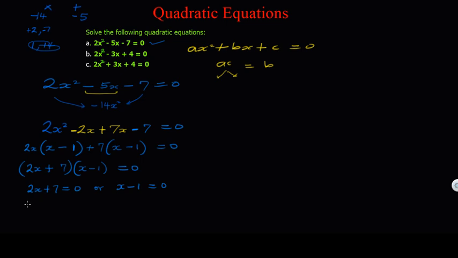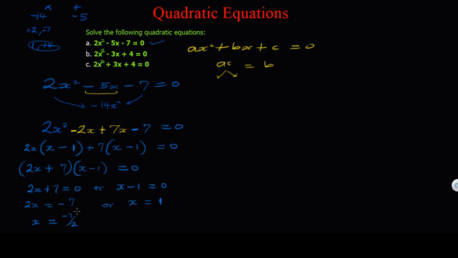So this one says 2x is equal to minus 7, which we can then say x is equal to minus 7 over 2, or x is equal to 1.